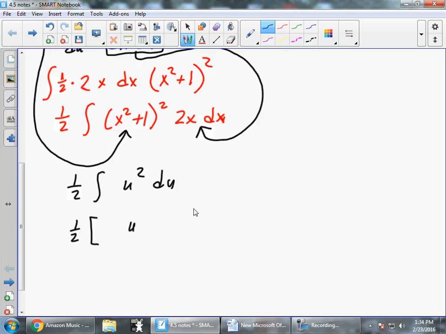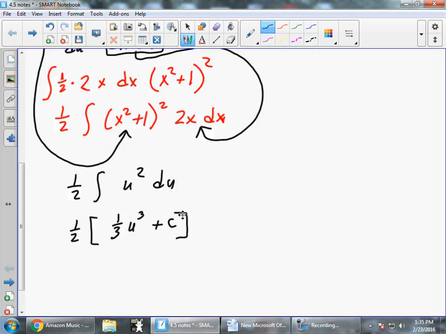U cubed is correct. What's the coefficient? 1 over 3. 1/3 u cubed, plus c. Very good. Because it is an indefinite integral, or an antiderivative, plus c.